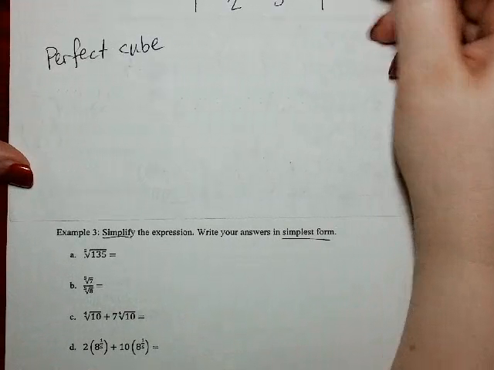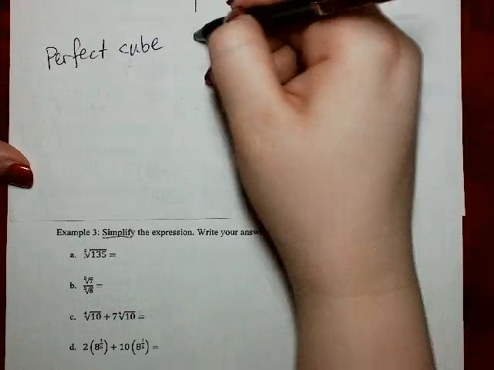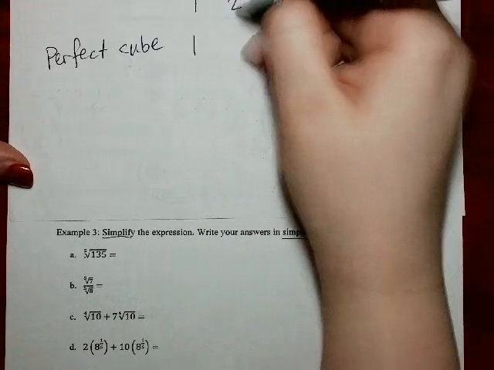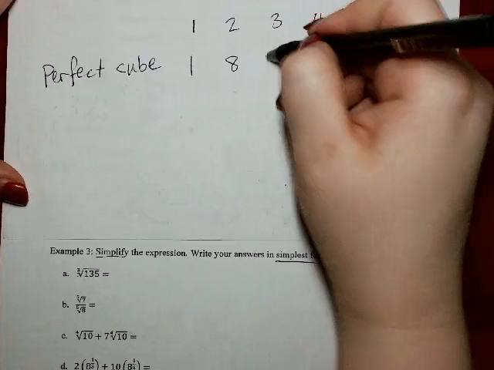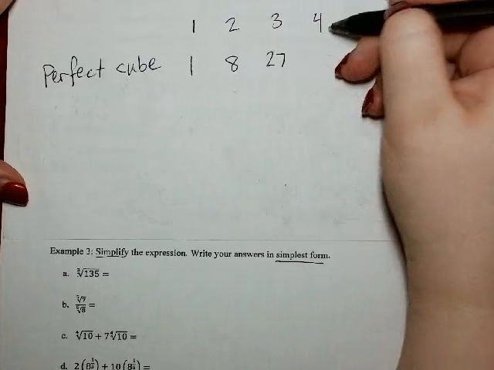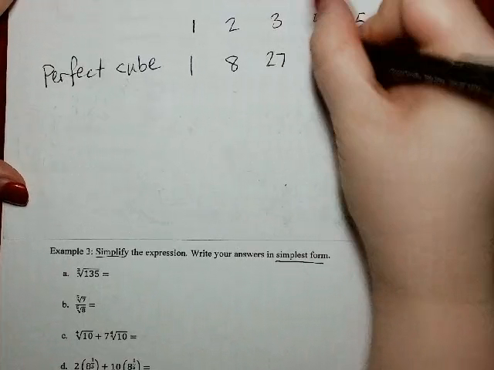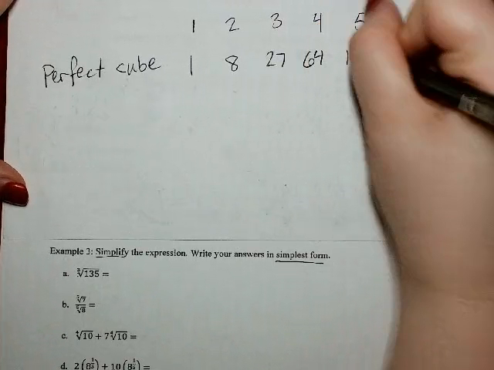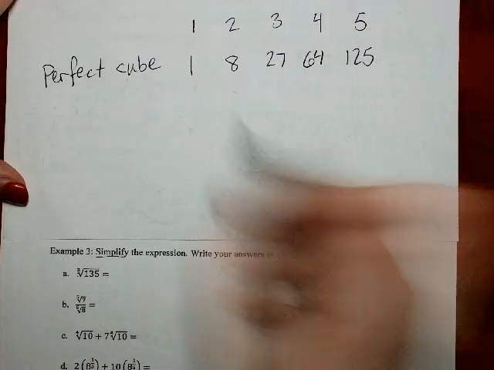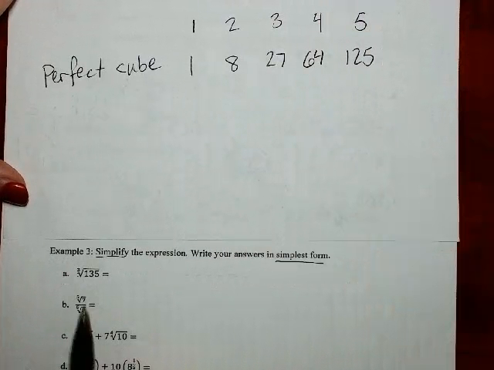So 1 times 1 times 1 is 1. 2 times 2 times 2 is 8. 3 times 3 times 3 is 27. 4 times 4 times 4 is 64. 5 times 5 times 5 is 125. So we are looking for any of these numbers that go in evenly to 135.